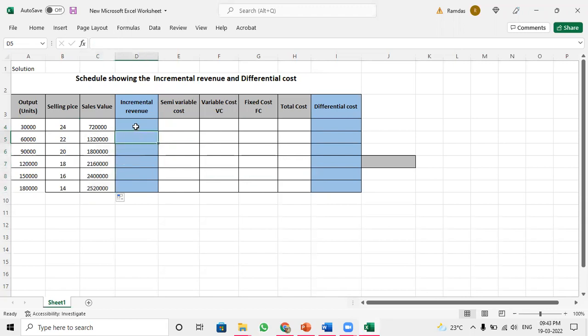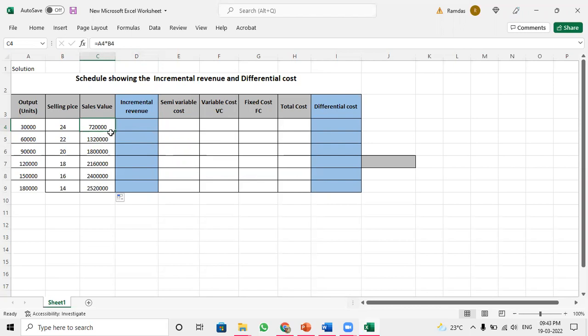Now we are to calculate the incremental revenue. So what is incremental revenue? Incremental is the increase in the sales from one year to that of the other year. So we have the first level of activity here. Here incremental revenue would be calculated as the difference between the first level and the second level, the second level and the third level.